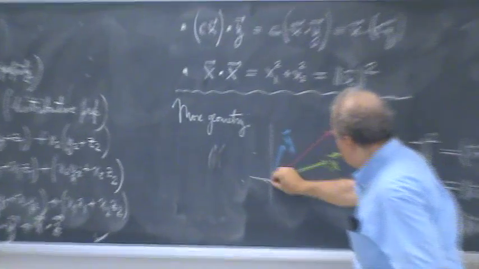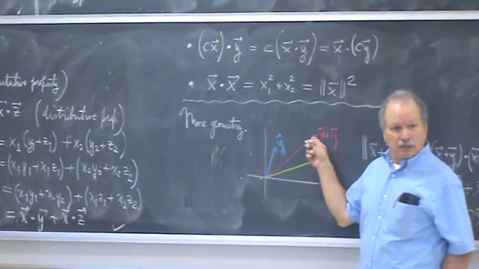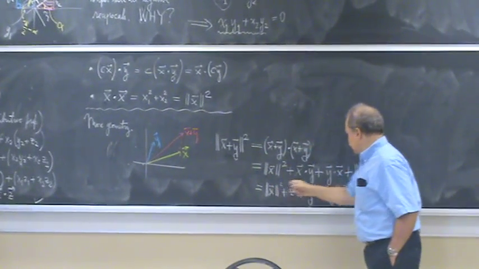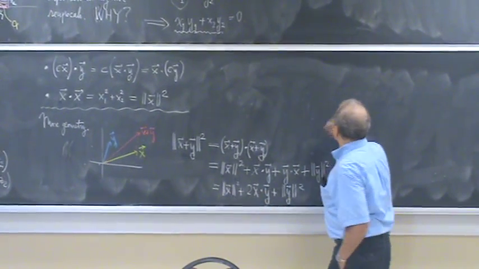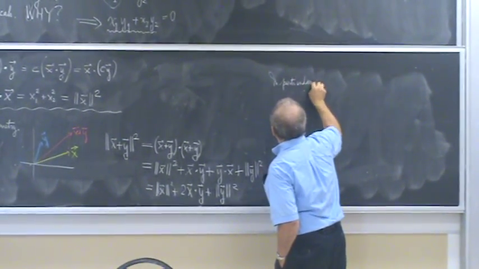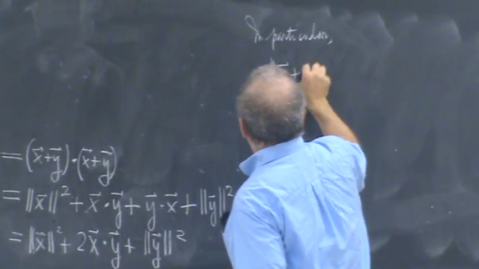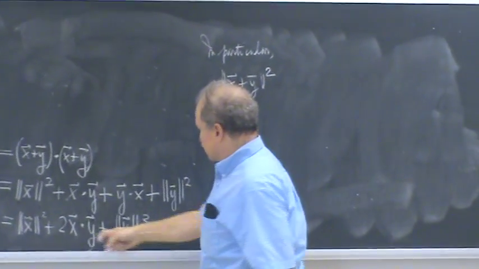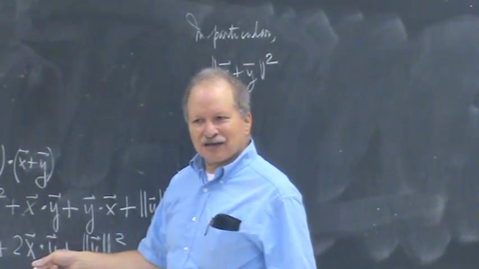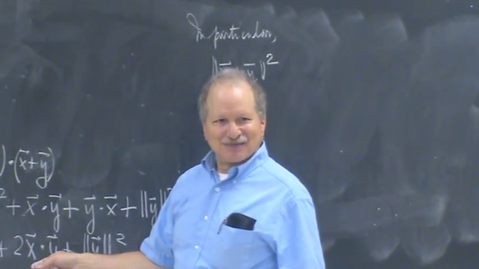When is it the case that the length of the sum squared is actually the sum of the squares of the lengths? When they're perpendicular. So if the dot product is 0, it starts to look a lot like what theorem? Pythagorean theorem.